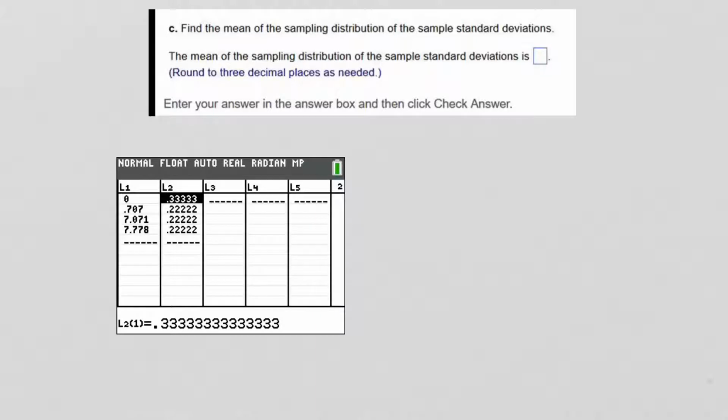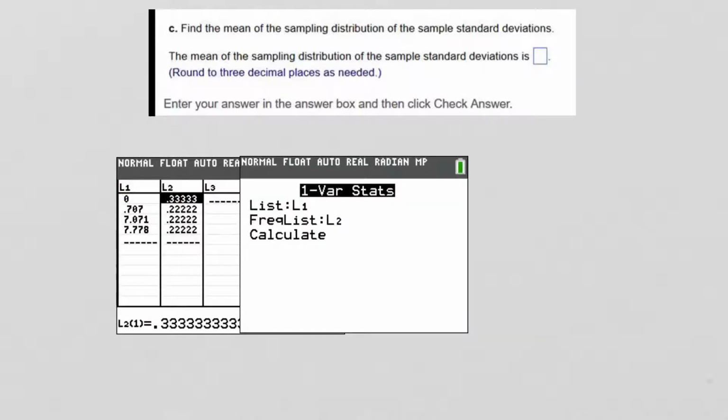I put my sampling distribution into lists 1 and 2, and keep in mind that now, since we do have values in both lists, when we do one variable statistics, we're going to need to specify that we're using list 1 and list 2. If you have the wizard, then make L1 your list and L2 your frequency list.